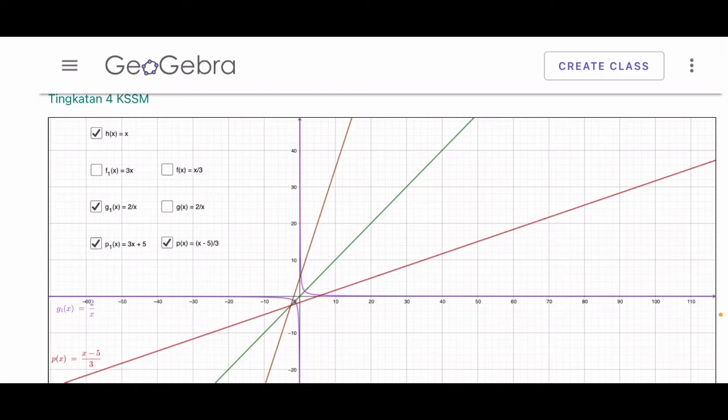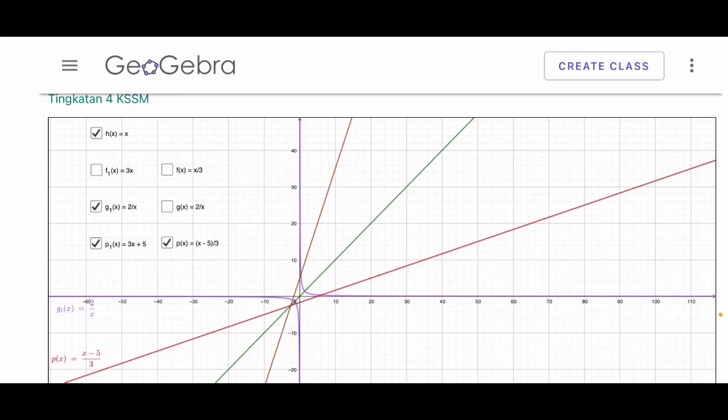The question asks: are the graphs of each function and its inverse symmetrical about h(x) equal to x? As you can see, the graph and its inverse are symmetrical about the line h(x) equal to x, which is in green color. This activity is very meaningful, and you can understand the relation between the function and its inverse: they are symmetrical about h(x) equal to x.